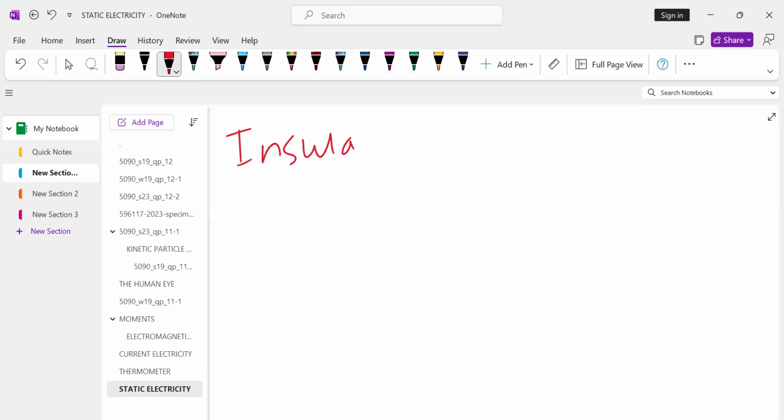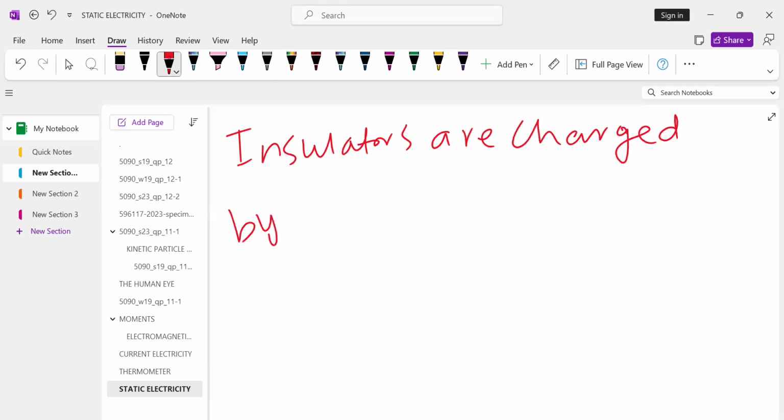Insulators are charged by rubbing, or you can say friction.